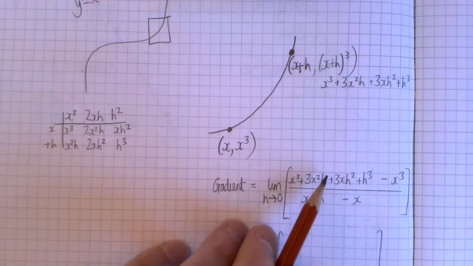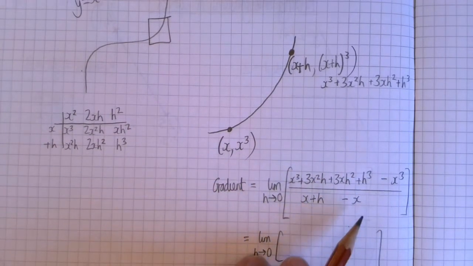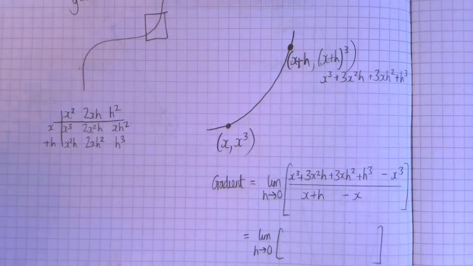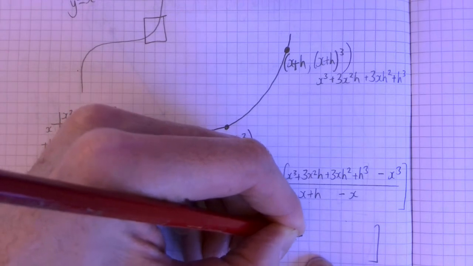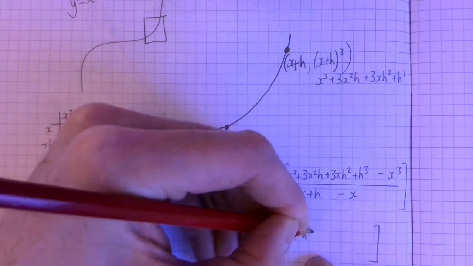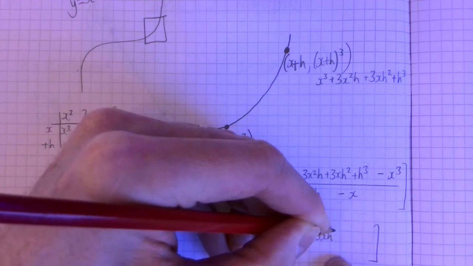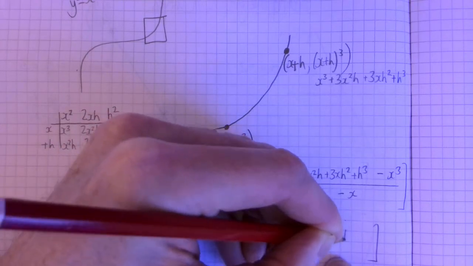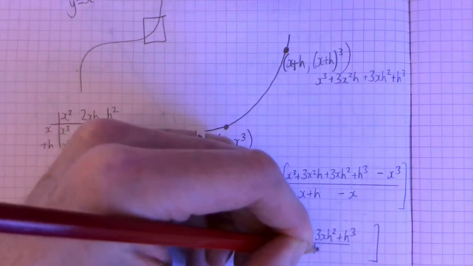So I've got that take away y1 and x2 take away x1. So on my numerator, the x cubes cancel out, so I get 3x squared h plus 3xh squared plus h cubed, and on the bottom I get h.